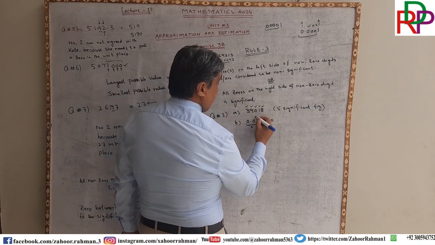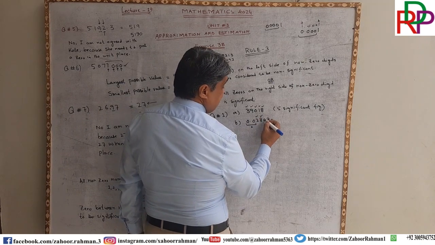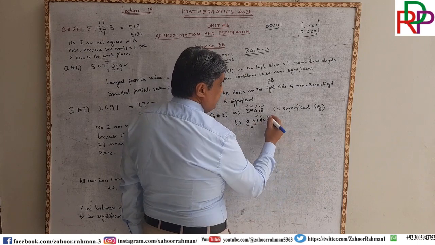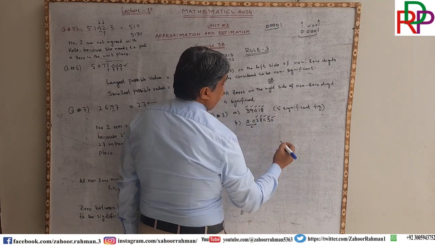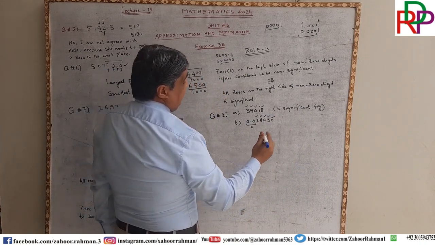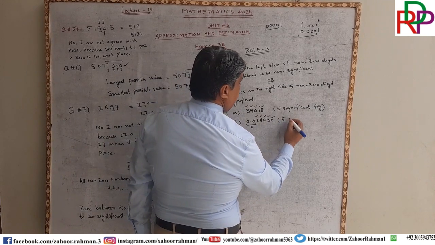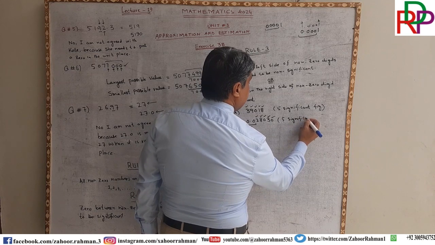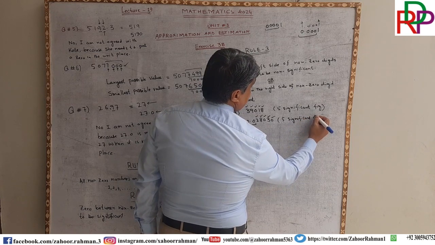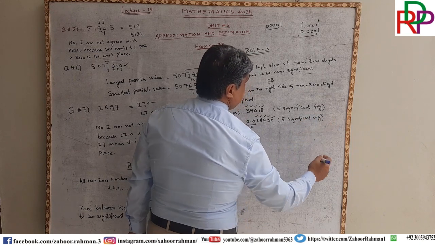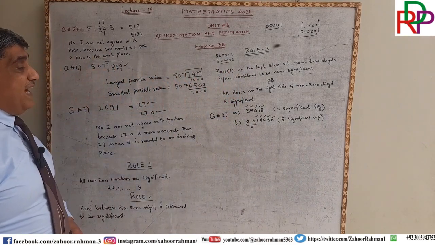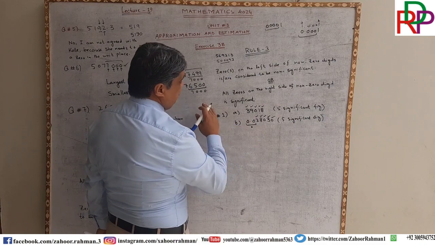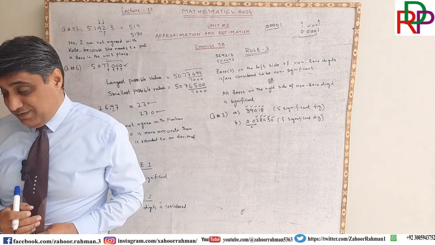Only this 1, 2, now this 0 is significant because it is occurring between two non-zero digits. So 3, 4 and 5. And here we are also saying that there are 5 significant digits inside this figure. So these are not significant. If you are removing them, it doesn't matter.